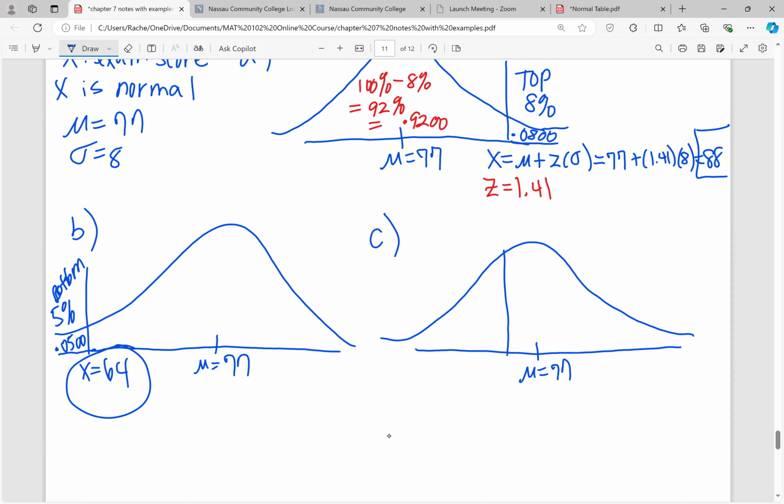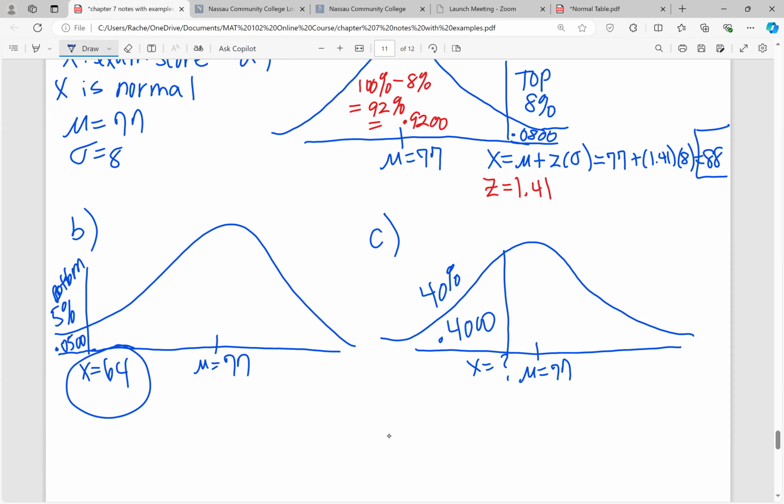So the 40th percentile is going to be a little bit to the left of the mean. And the area to the left of that score is going to be 40%, or 0.4000. So we're looking for this raw score that cuts off the bottom 40% from the rest of the scores.